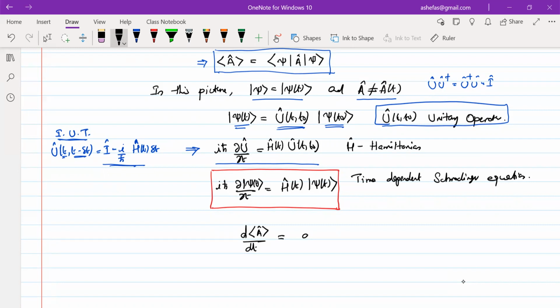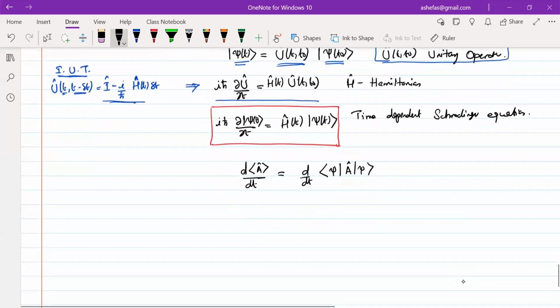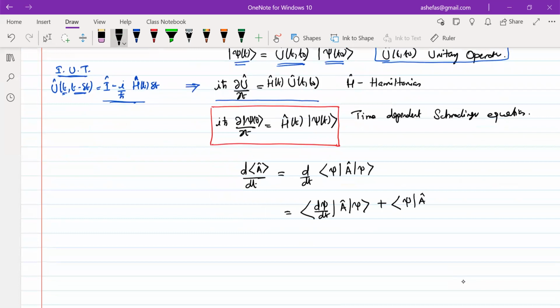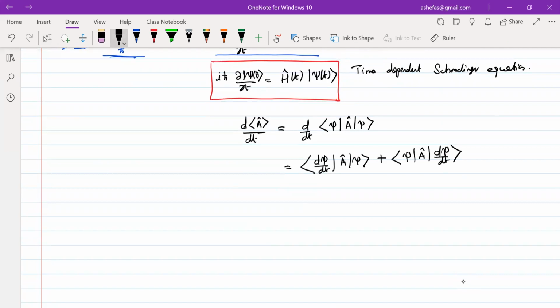According to the definition, the expectation value is psi A psi. In the Schrodinger picture, only psi evolves with time, so we have to use the product rule: d psi by dt, A, psi, plus psi, A, d psi by dt.